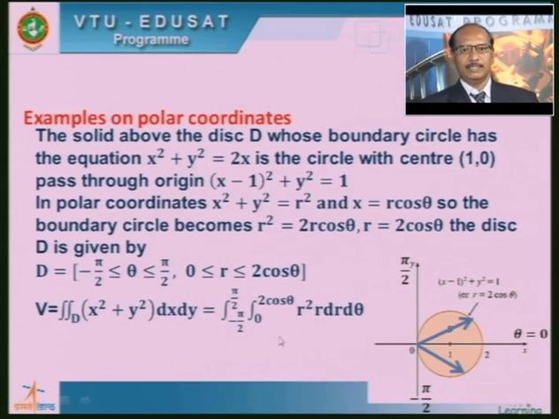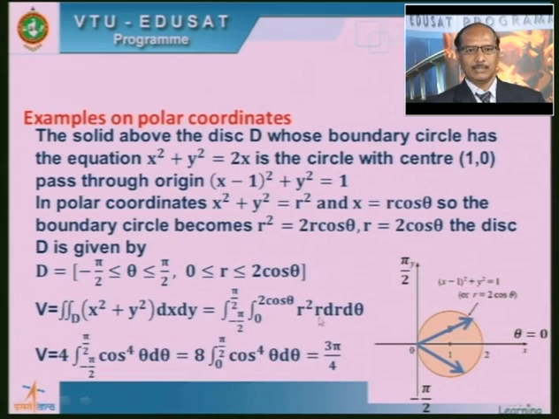So, now simplifying this integral, r square into r becomes r cube. Now, integrating r cube gives r raised to 4 upon 4. Now, substituting in place of r, 2 cos theta.